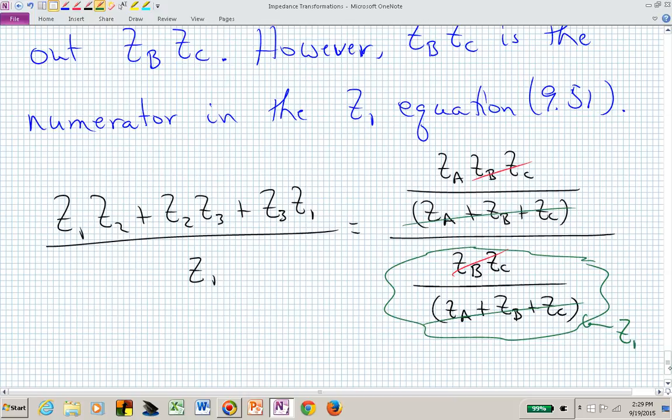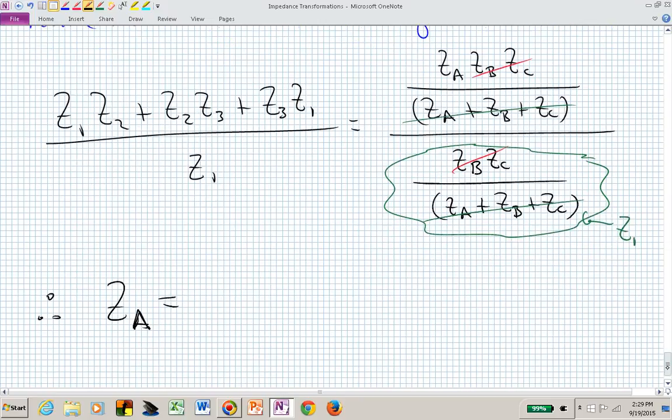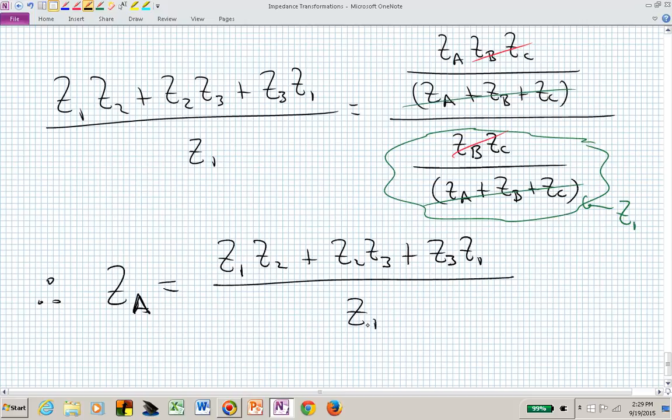And now I have a formula just containing Z sub A. Therefore, the delta impedance Z sub A is now simply this sum of pairwise products of the Y impedances divided by Z1. That's equation 54 in chapter 9.